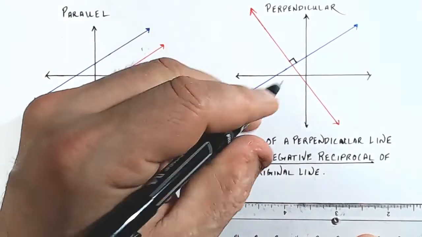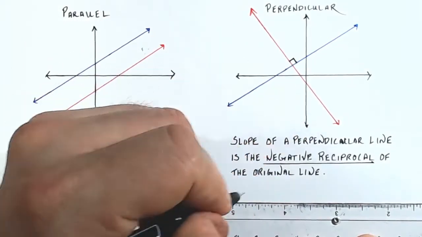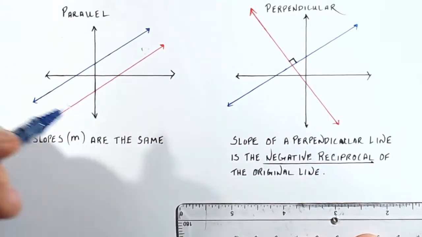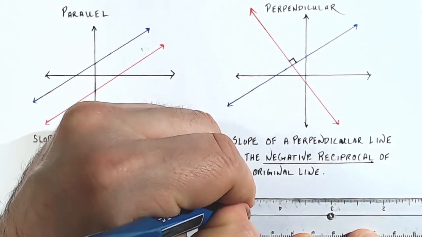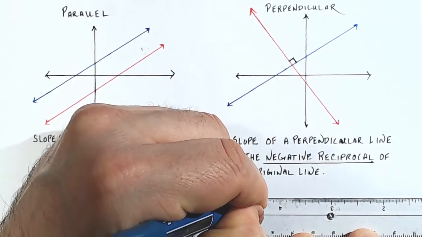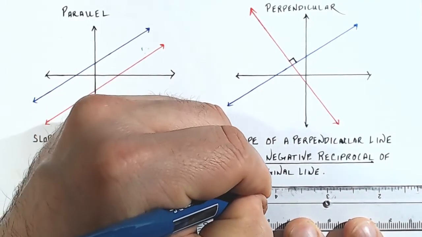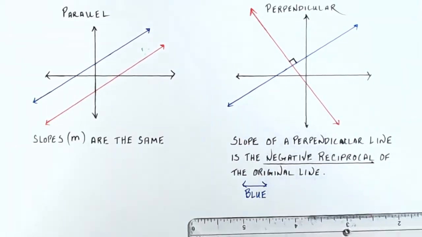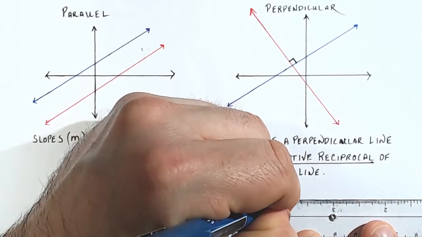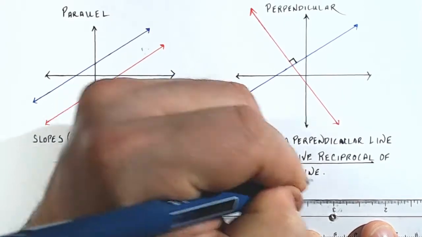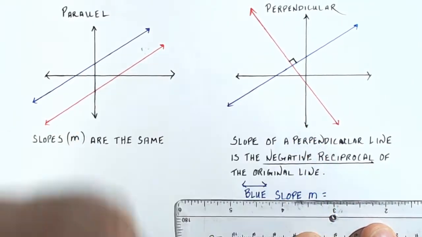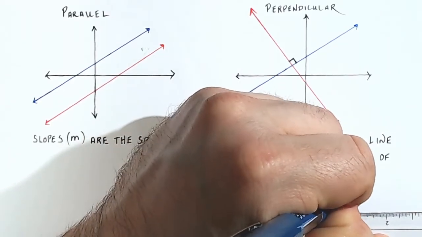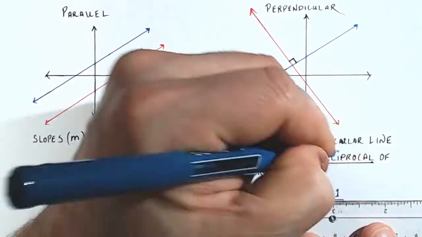Let's say that the slope of this line here, this blue line, so we'll say blue line slope m equals 1/3.